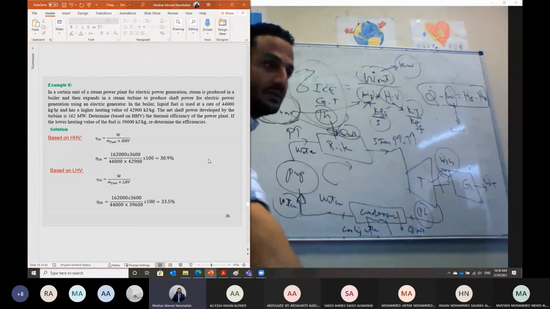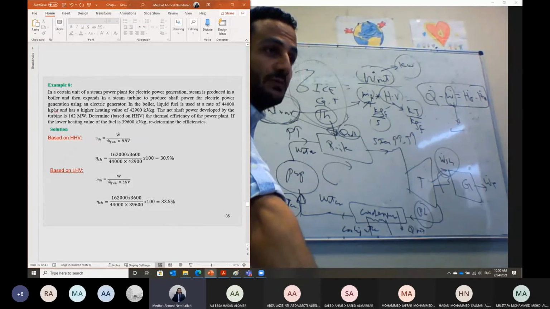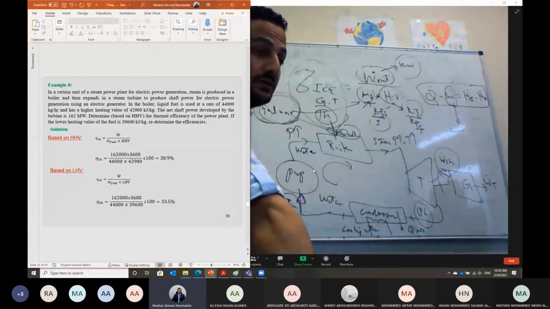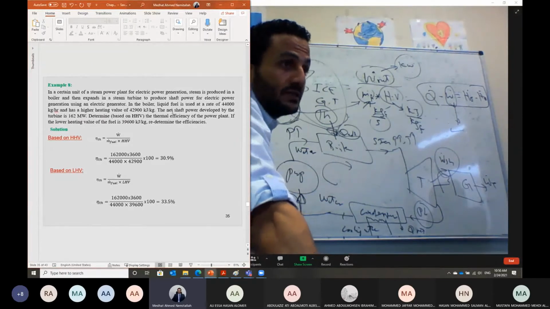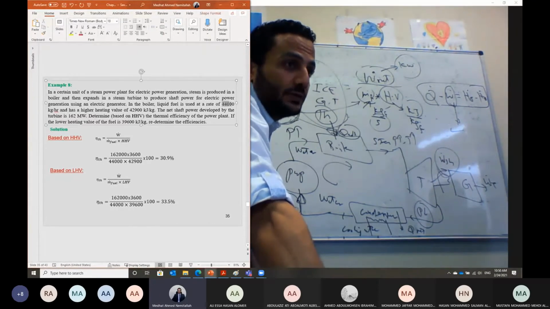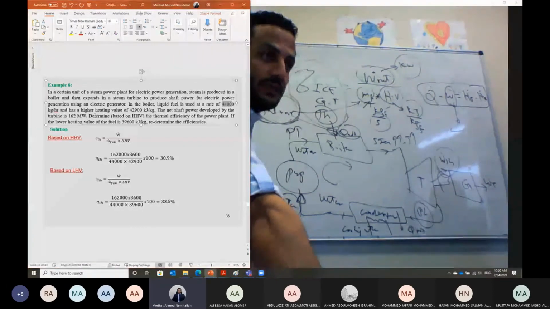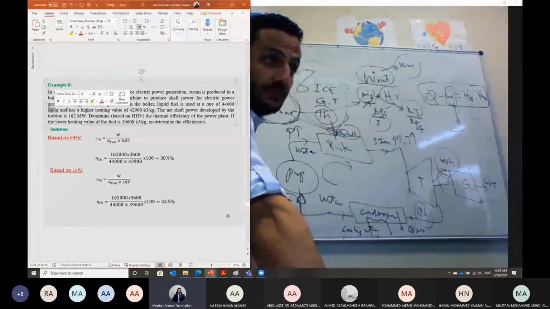And here is an example. He said we have a certain unit of a steam power plant. Steam power plant means we have a steam cycle turbine, not a gas turbine. In this cycle, he said we have in the boiler liquid fuel used at a rate of 44,000. This is a real case example for a steam power plant. The fuel flow rate is 44,000 kilogram per hour of the fuel.